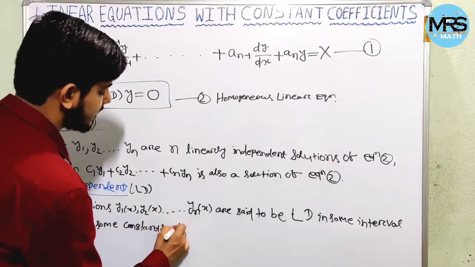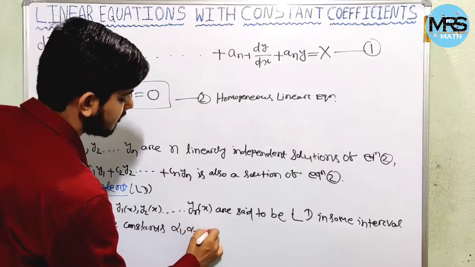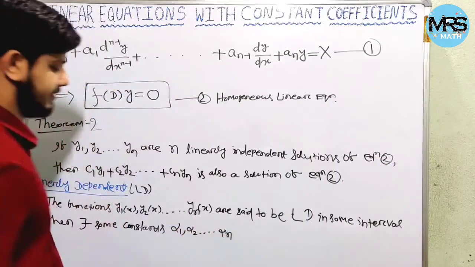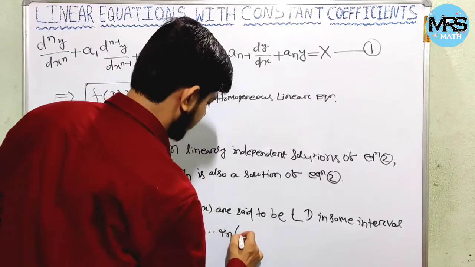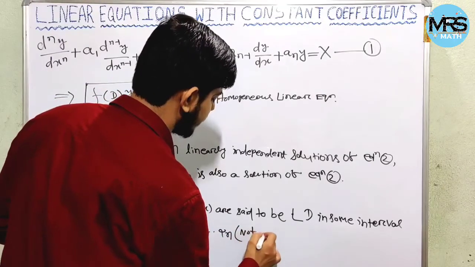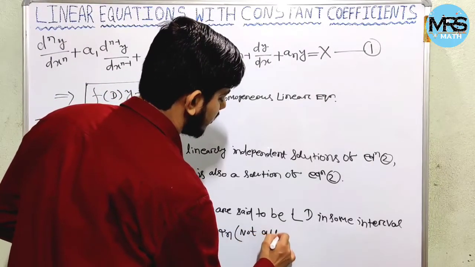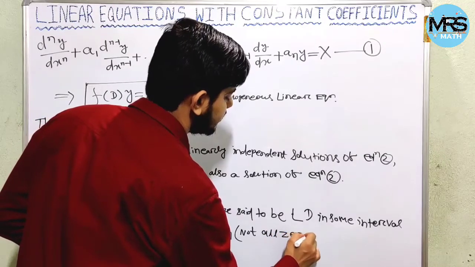let us say alpha 1, alpha 2 up to alpha n, in bracket, which is most important, that is not all 0.